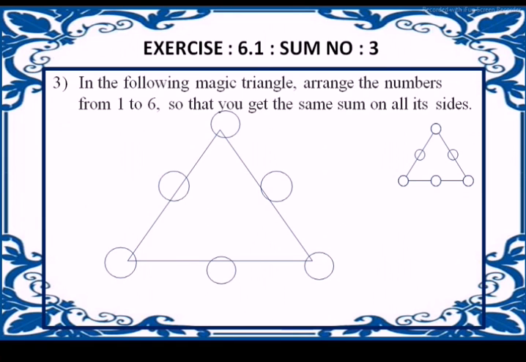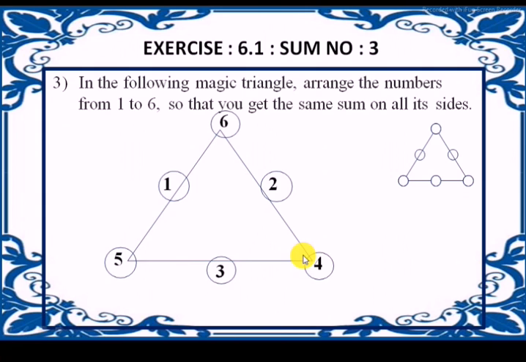So we have 1, 2, 3, and then let's place 4, 5 and 6 on the corners of the triangle, or the vertices of the triangle. So you place 4 between the 3 and 2, the greatest numbers. Then we'll place 5 between 1 and 3 and 6 between 1 and 2.